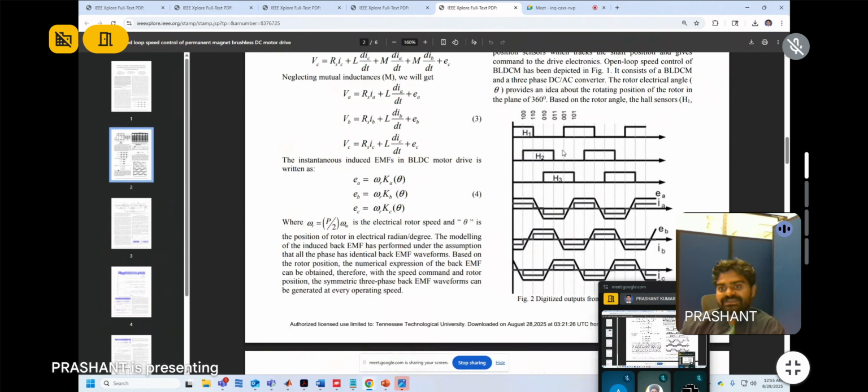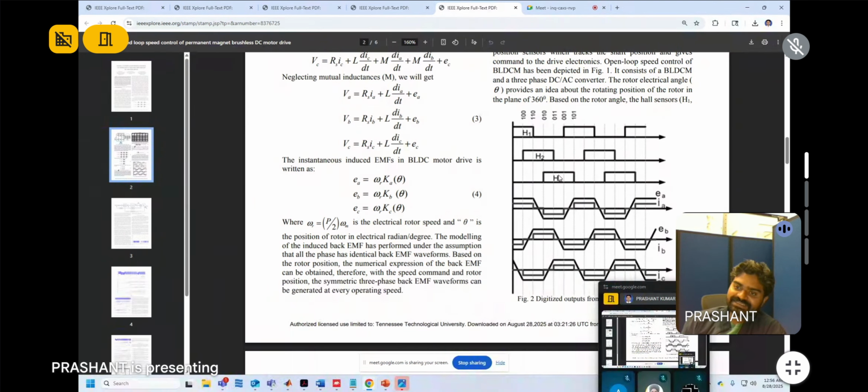So three Hall signals you can see, H1, H2 and H3. Three sensors we are using to detect the speed of the rotor, by which we can obtain the speed of the motor. This is the basic concept that I am giving, that can be implemented to any motor.